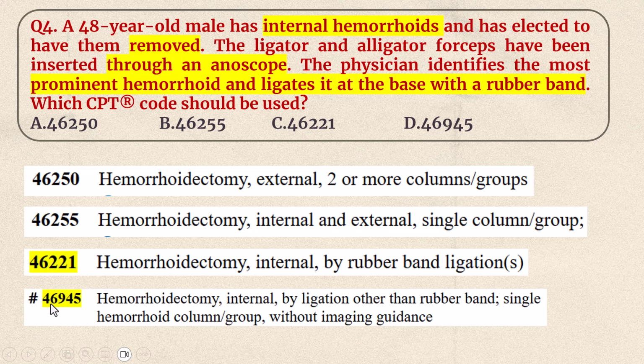When you see the other answer, 46945, it is hemorrhoidectomy, internal, by ligation other than rubber band. But here also the hemorrhoidectomy is done by ligation, but that is other than the rubber band. But in our case, the rubber band is used. So the correct answer is C, that is 46221. So if you encounter this case in a real working scenario, you have to find the answer using the CPT index.